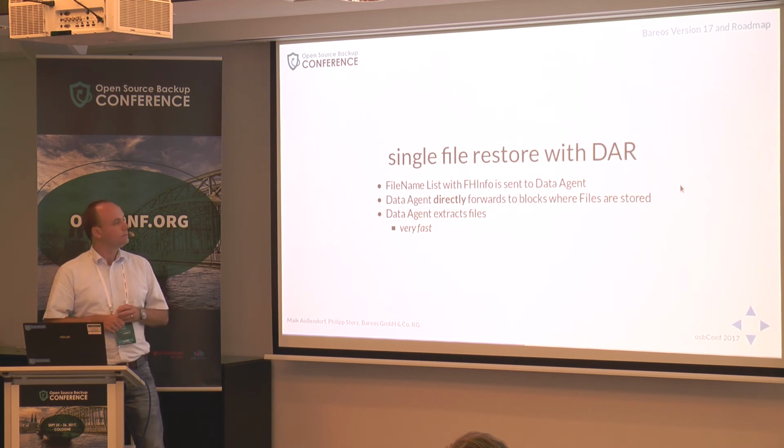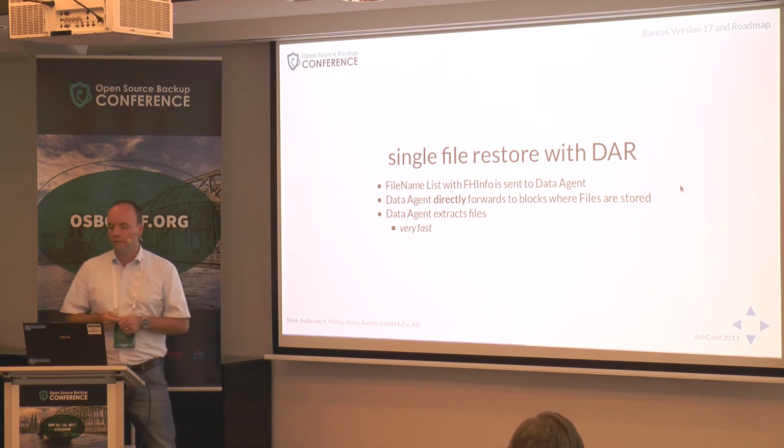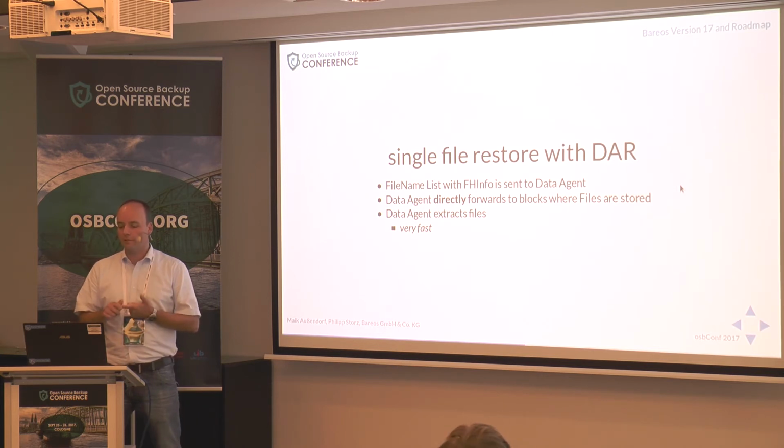But if you have direct access recovery support, then you store the file handle information that you get during backup together with the file. So additionally to your file name and the stat information, you also have these two 64-bit numbers in the database. When you ask it to restore, together with the recovery list you also send these two 64-bit numbers.